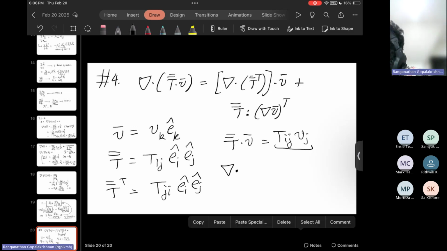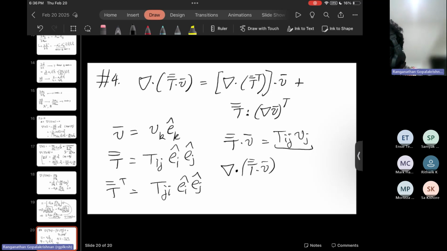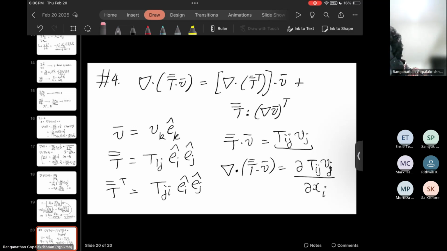So if I do the divergence of this vector T dot V, that is like writing the partial of T_ij V_j with respect to x_k, and then I have to write delta_ik. So that's the same as writing the partial derivative of T_ij V_j with respect to x_i.